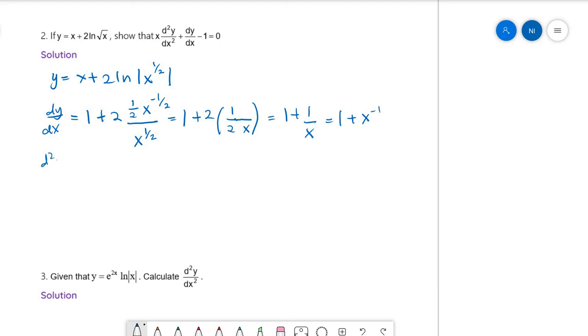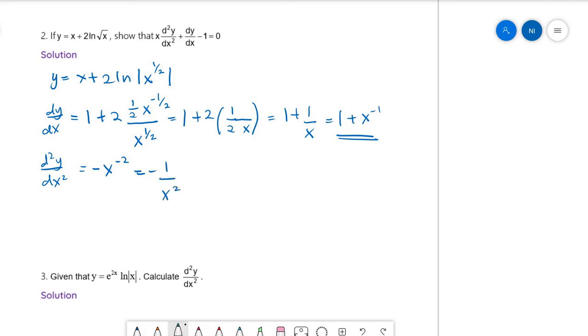And then the next one is d squared y/dx squared. Differentiate this dy/dx: differentiate 1 is 0, differentiate x to the power of negative 1 is negative x to the power of negative 2. So this is the same as negative 1 over x squared.